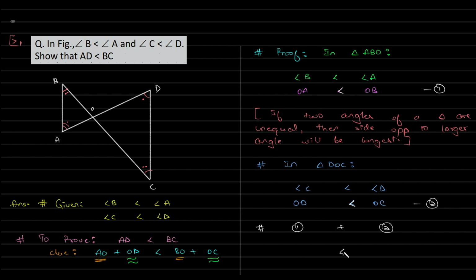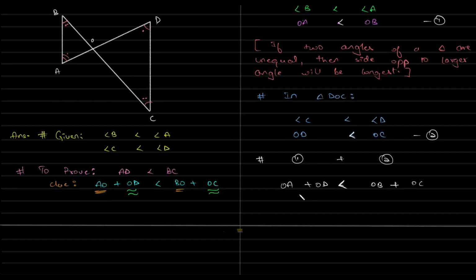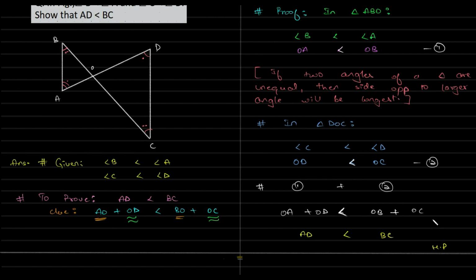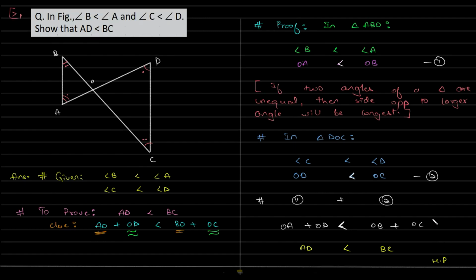So remember, the lesser than sign is like this. On the lesser than side we have OA, and in equation 2 we have OD, and on the RHS we have OB and OC. So what is OA plus OD? This is AD, which is lesser than BC, and we have proved it. Hence proved. So this is your proof.